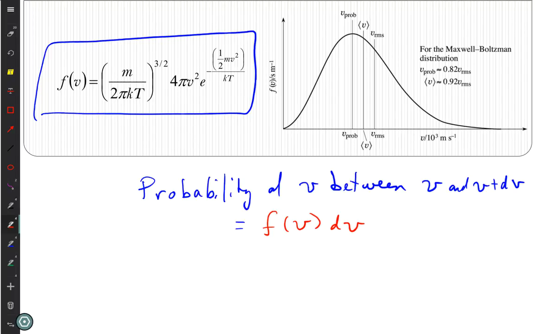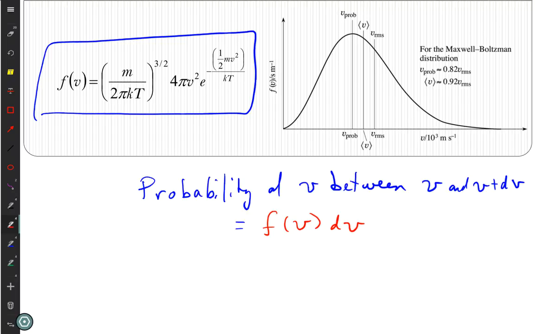Okay. So the chances of that particle having value between 300 and 300 plus 1 billionth meters per second, that's a reasonable number if you have somewhere in the ballpark of 10 to the 26th molecules. But if you make it smaller and smaller, so 1 part in a billion to 1 part in a trillion, the smaller you make that dV, the smaller the probability gets, until at this exact value of 300 meters per second, the probability of having exactly 300 meters per second is 0.